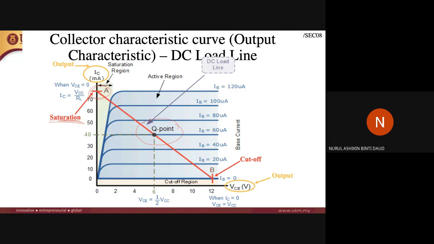When the DC load line crosses the x-axis, usually this is the x-axis because this is 0 and this is also 0, so it is moved a little bit above so that you will recognize this. This is actually the 0 reading, so it is supposed to be here.